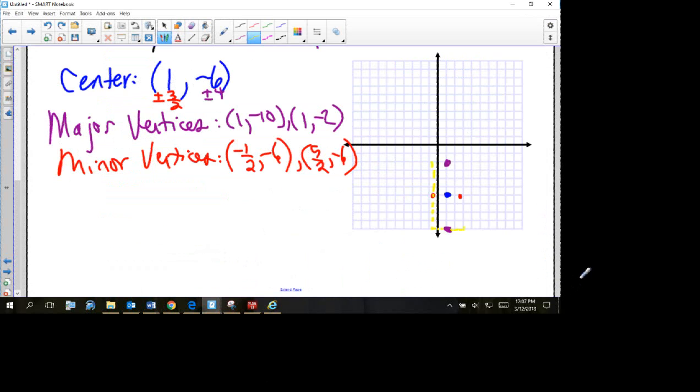It's not really there, but it is going to help us draw our ellipse, and it's going to help us in tomorrow's lesson when we do hyperbolas, which are related to ellipses.